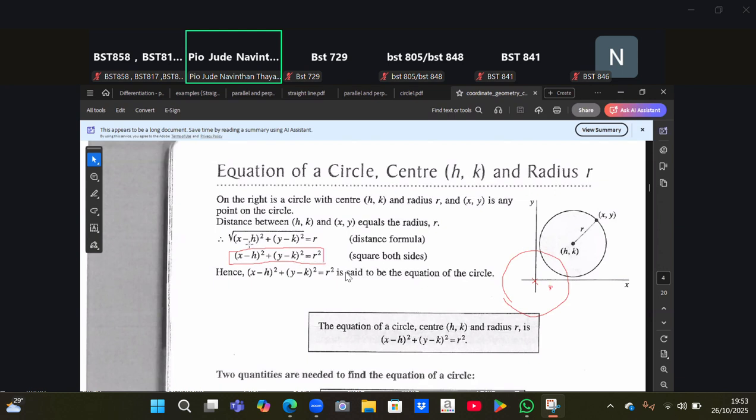So easy: x minus x coordinate, all squared, y minus y coordinate, all squared, equal to r square. This is the boxed one. Equation of a circle with center (h, k) and radius r is this. So simple.